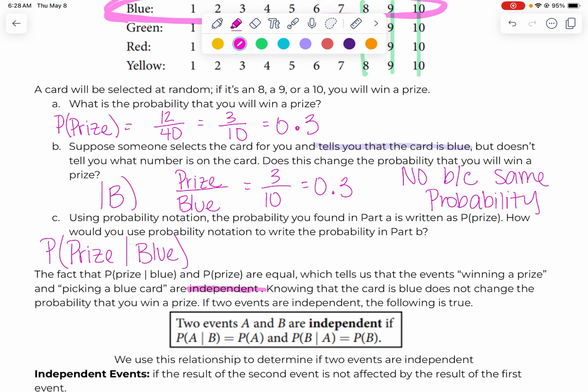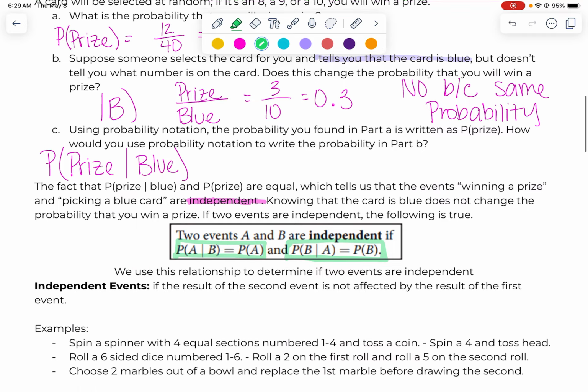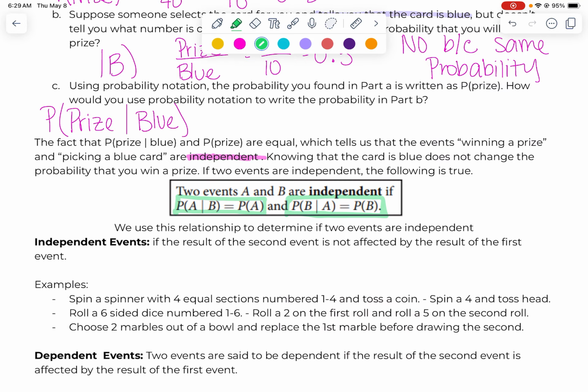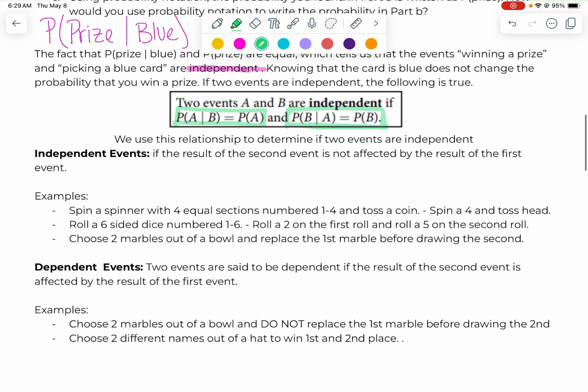If 2 events are independent, the following is true: if the probability of A given B equals the probability of A, and the probability of B given A equals the probability of B, the 2 events are independent. So we will use this relationship to determine if 2 events are independent.